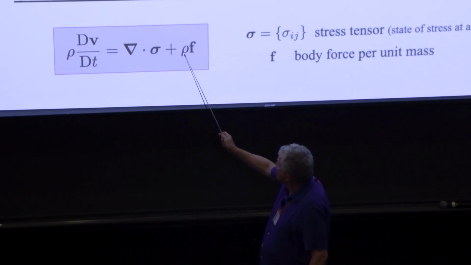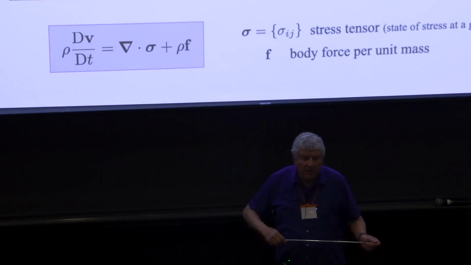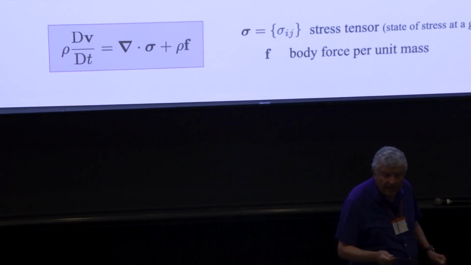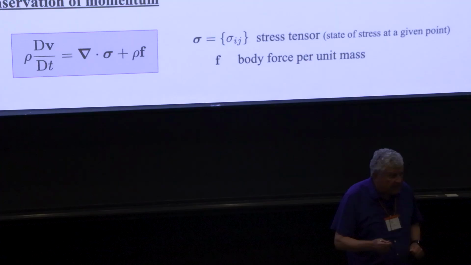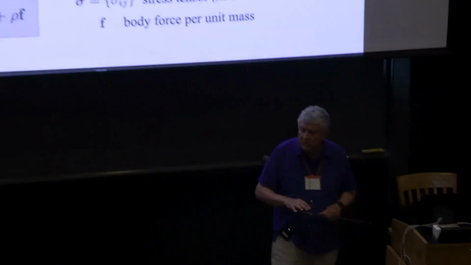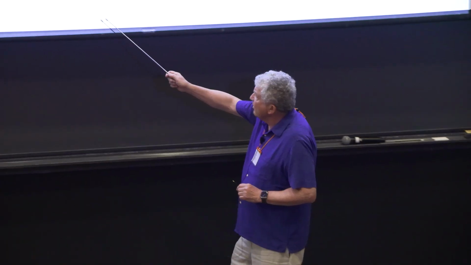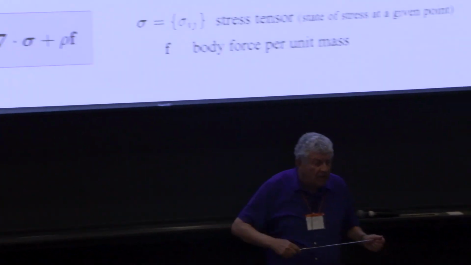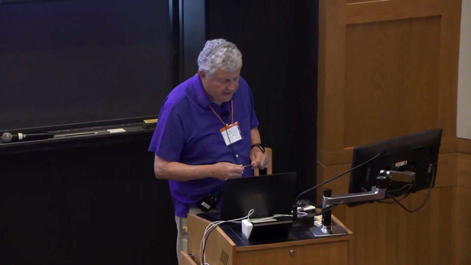And the last term is rho, the density, times the body force acceleration. Typically it's gravity, but it doesn't have to be only gravity, it can be electrical forces. It's forces that are acting on the entire volume of the particle. So this is the second conservation law.